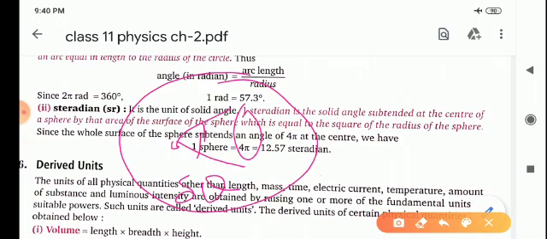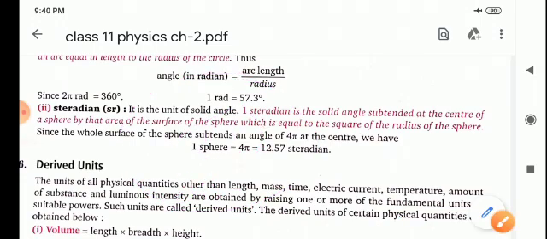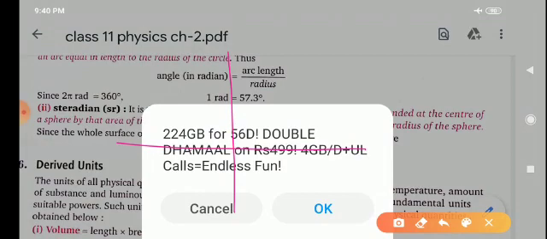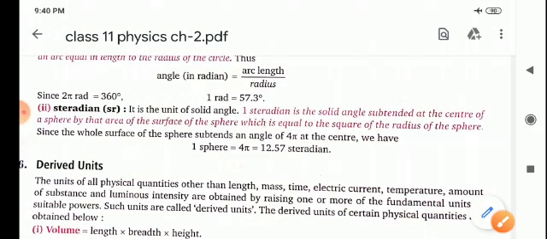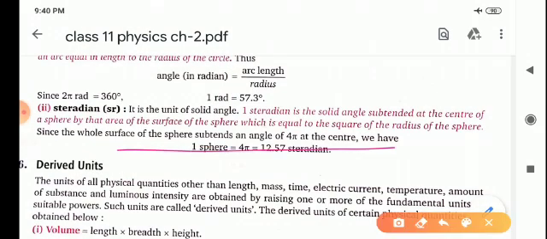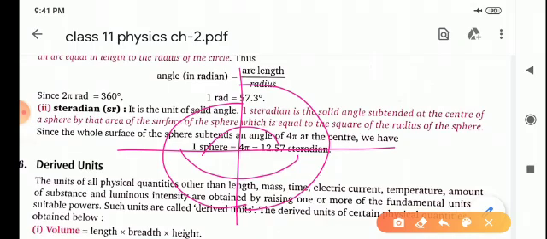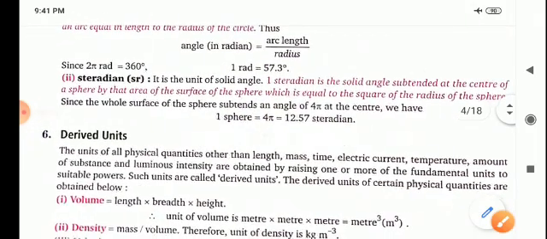It is considered in a sphere. Listen: 1 steradian, 2 steradian, 3 steradian and 4 pi steradian, that is 12.57 steradian.